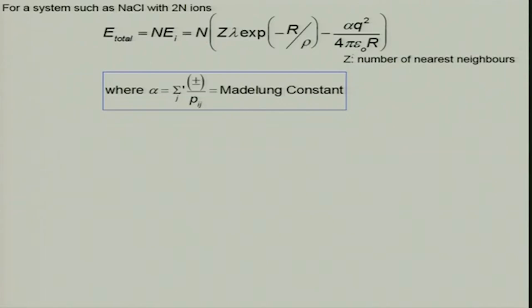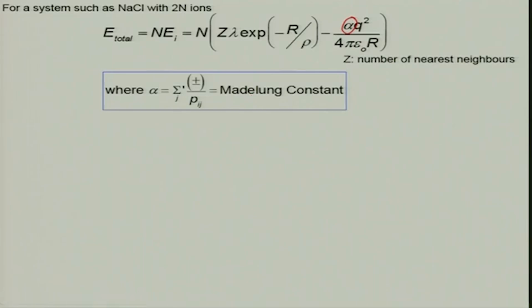And here we define a term called, if you just follow from the previous expression, it turns out you will have this alpha term here, and this alpha term is nothing but sigma over j plus minus divided by Pij, and this term is called the Madelung constant. So, basically summed over all the neighbors.